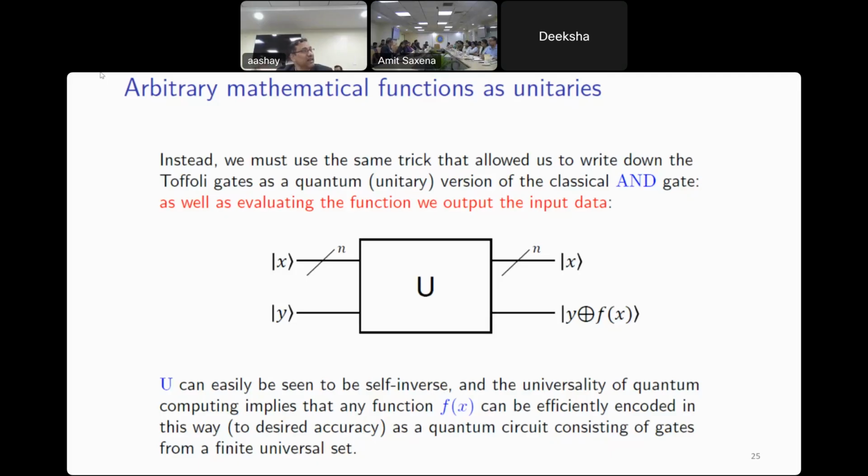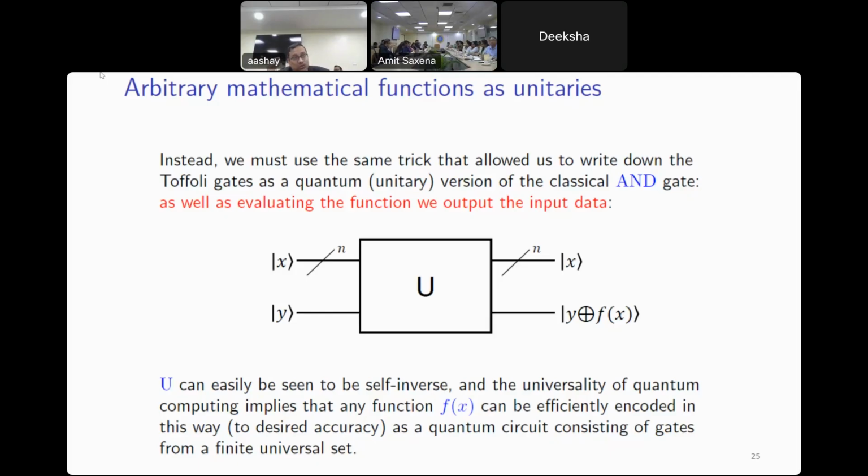But a CNOT gate is a controlled NOT operation which flips the target qubit depending on whether the control is 1 or 0.